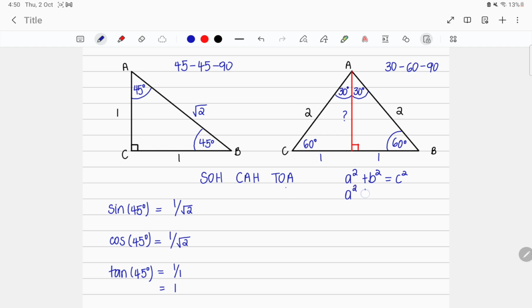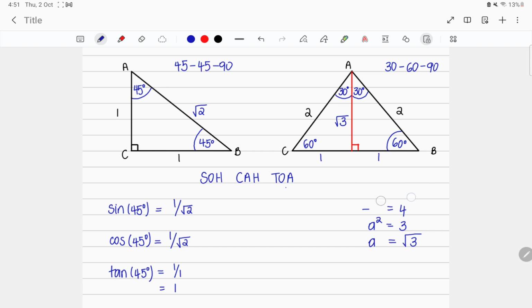So a squared plus the length of this side, 1 squared, is equal to the square of the hypotenuse, which was 2. So that's 2 squared. So a squared plus 1 is equal to 4. So a squared would be equal to 4 minus 1, which is 3. So a, again, would be the square root of 3. So I can fill in the length of this side right here as the square root of 3.